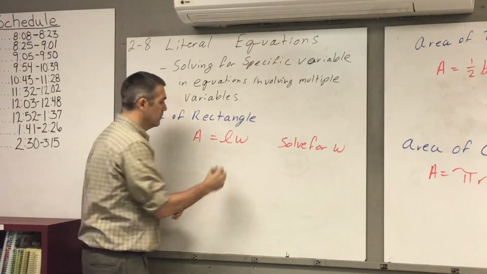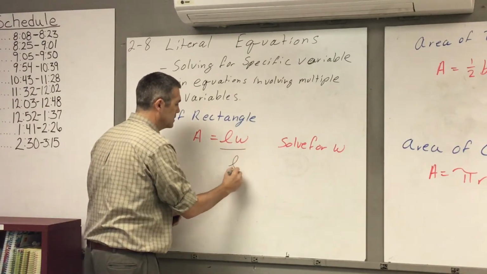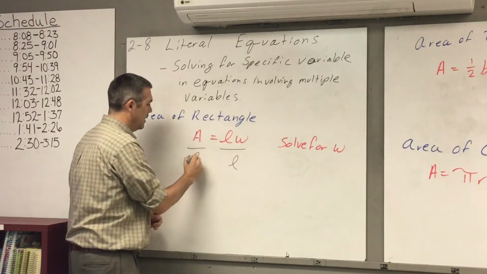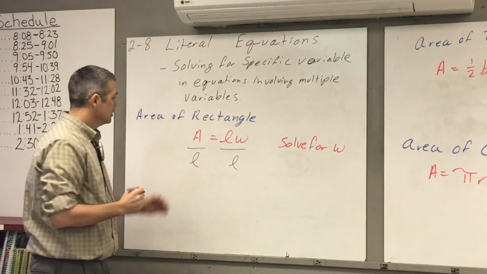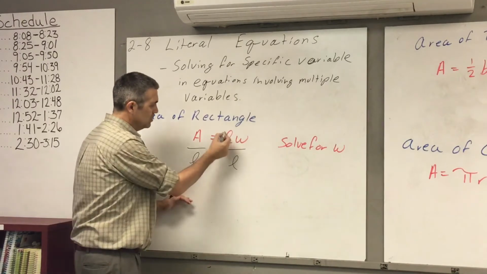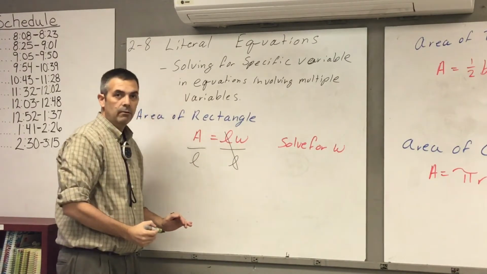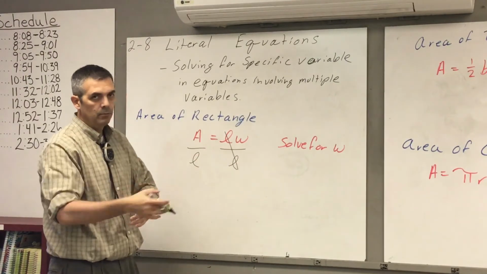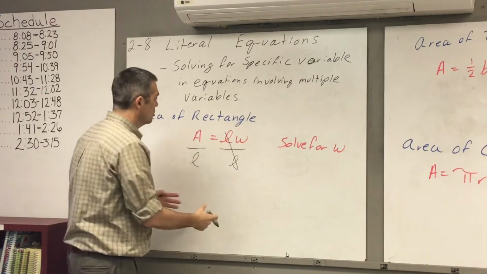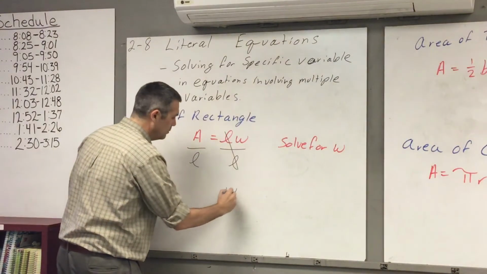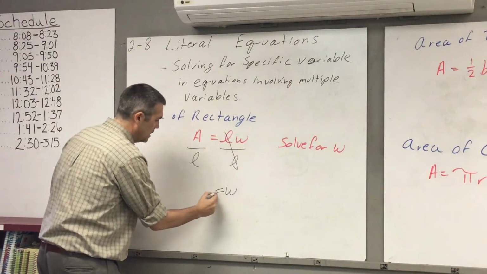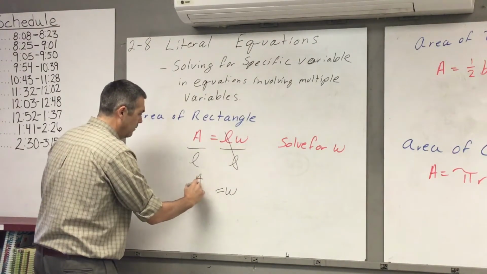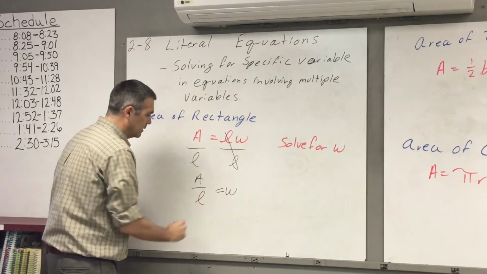So you divide both sides by L. These two cancel each other out, because L divided by L gets you 1, and 1 times any number is that number back. So we end up with W equals the area divided by the length.